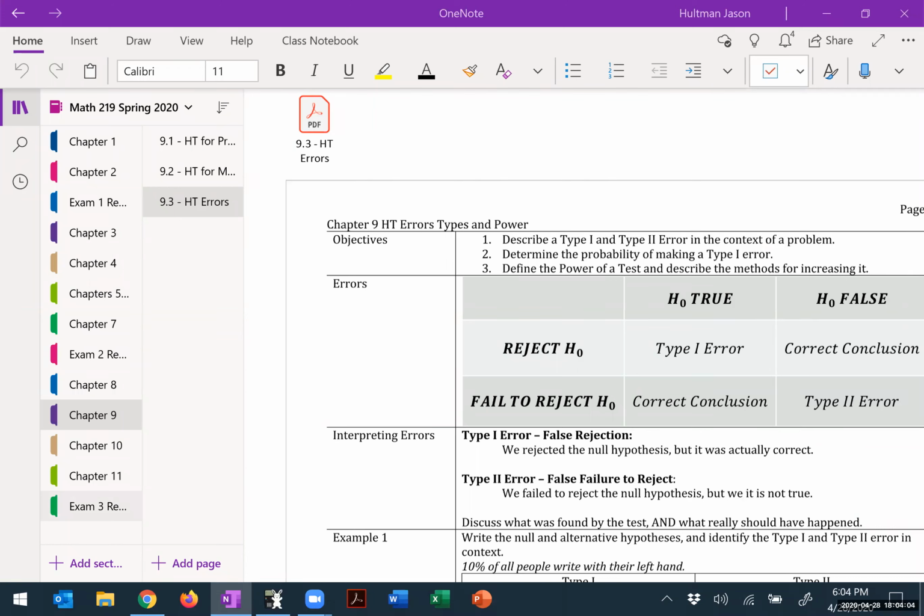So what does it mean to be wrong when we do a hypothesis test?